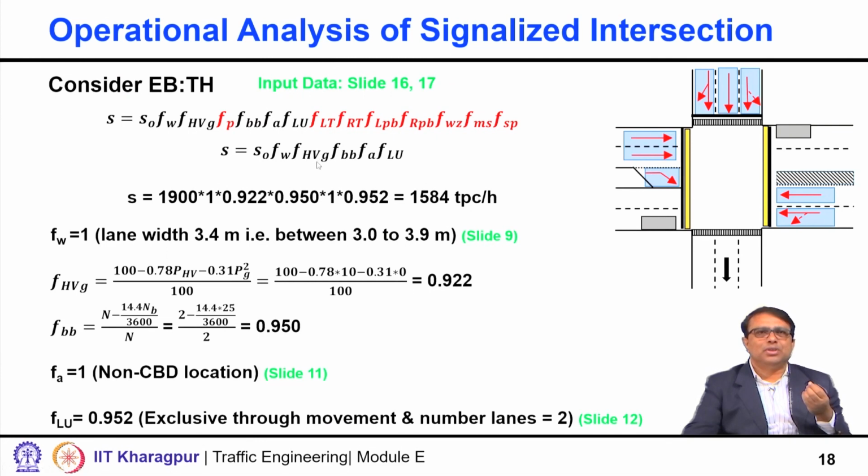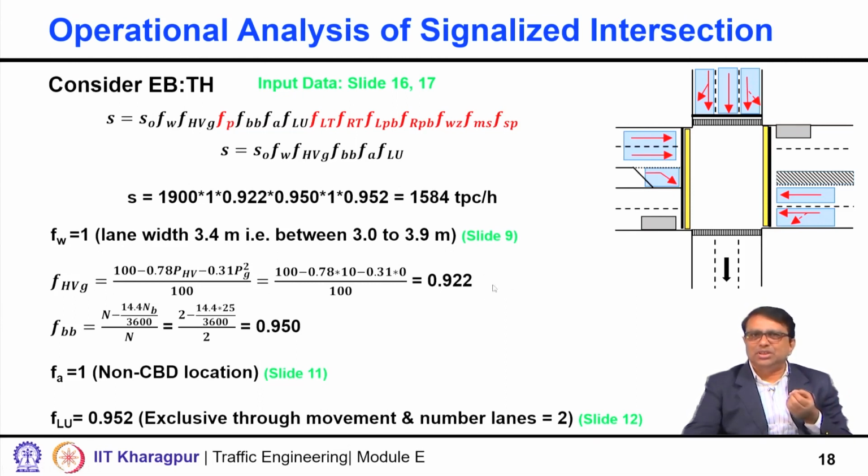Then FHVG is 0.922, how are we getting it? We are calculating here, this is the formula, and we have 10% heavy vehicle. So, put it as 10% and grade is 0, it is level. So, that is 0.